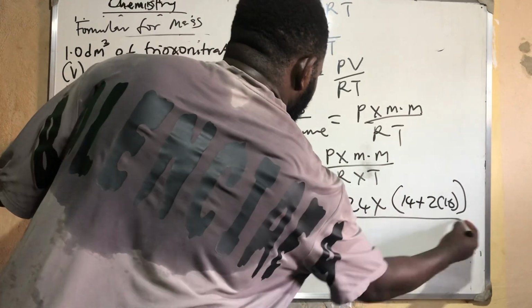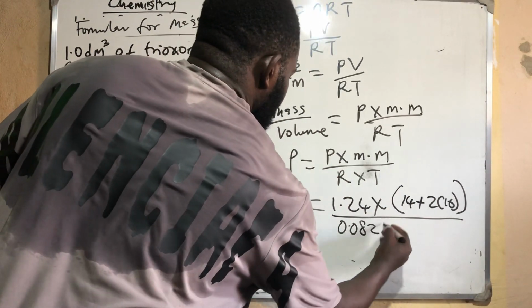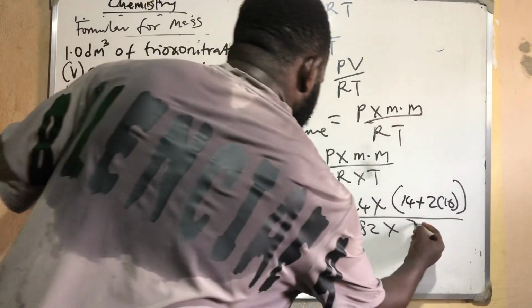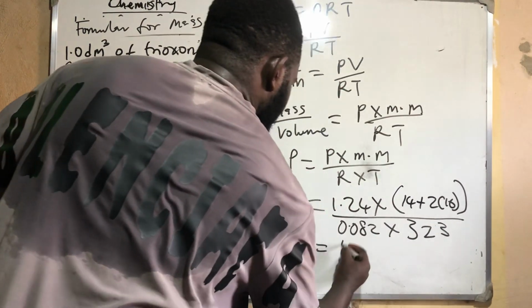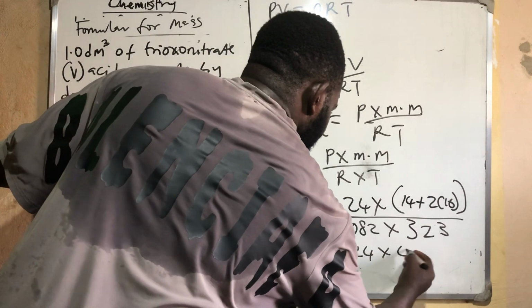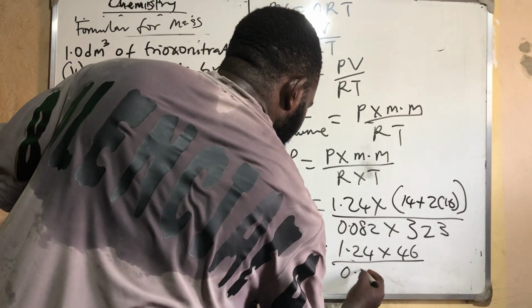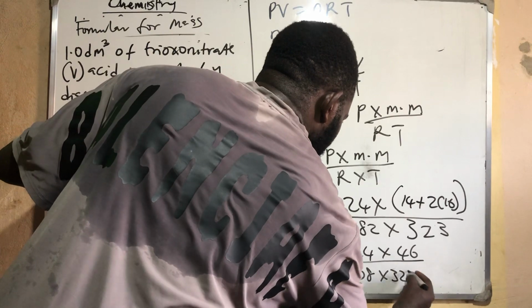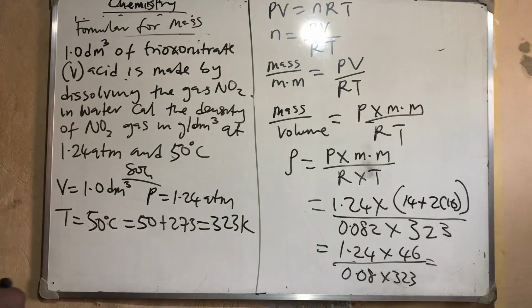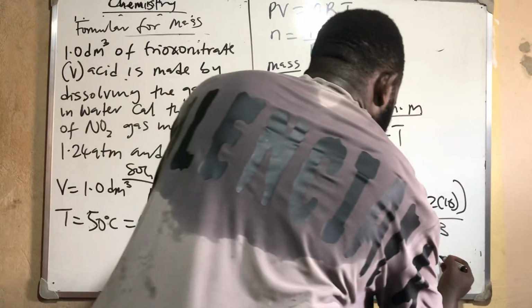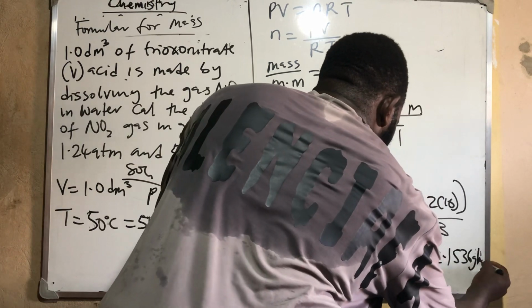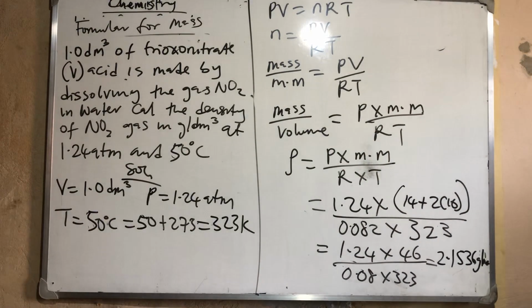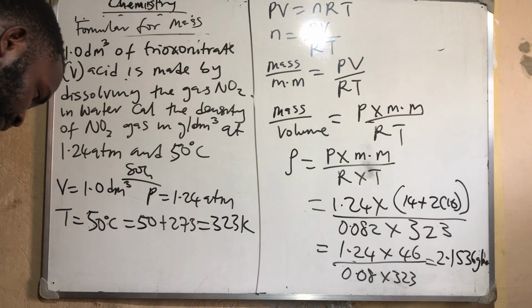All over 0.082 times the temperature, which is 323. So we have 1.24 times 46 divided by 0.082 times 323. If you do that, you'll have 2.1536 grams per dm cube. Okay, so that is that for that.